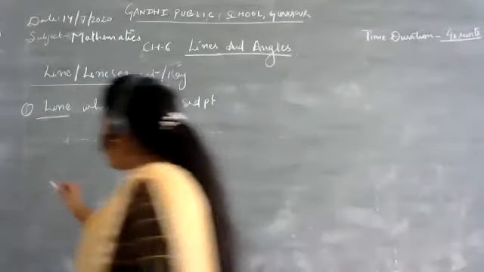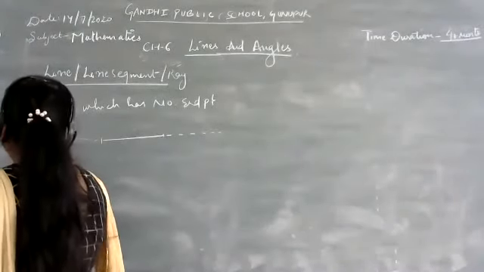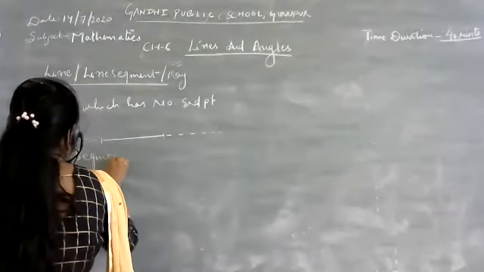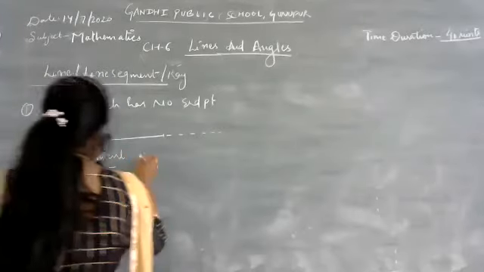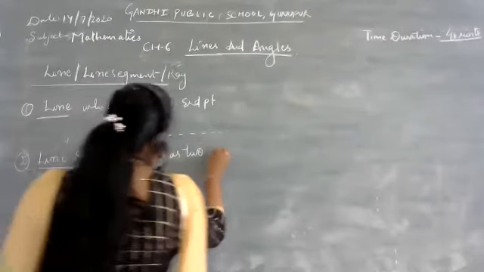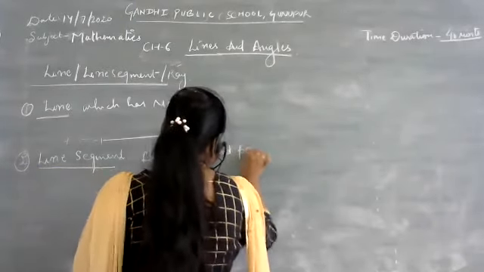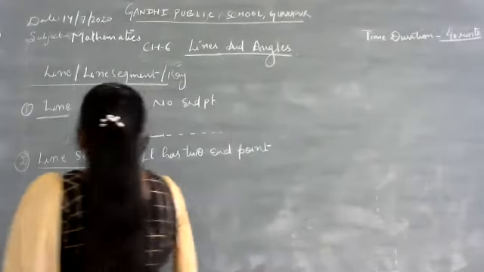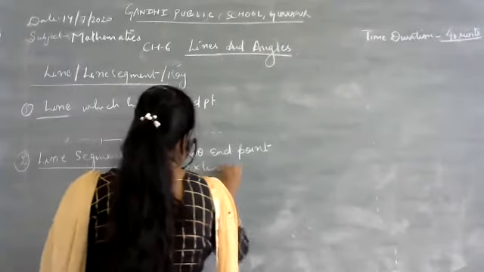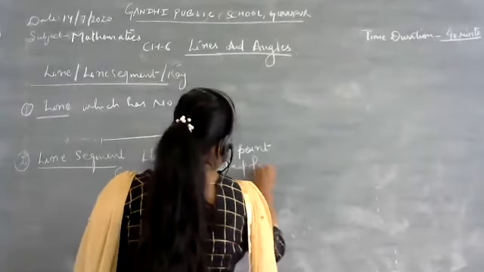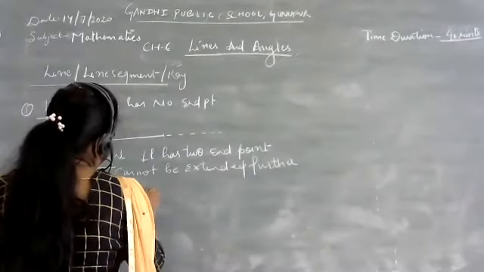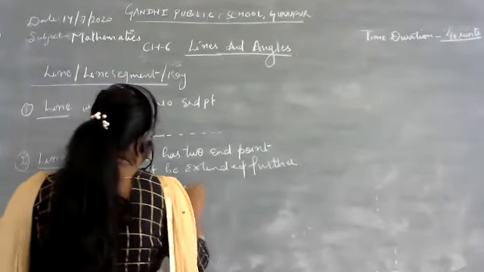Next is line segment. A line segment has two end points, cannot be extended further, and has a fixed length.